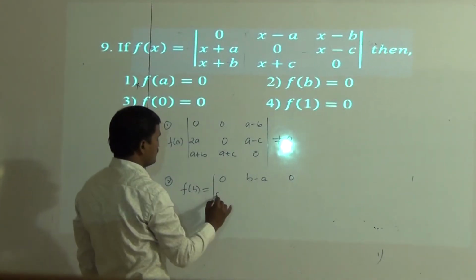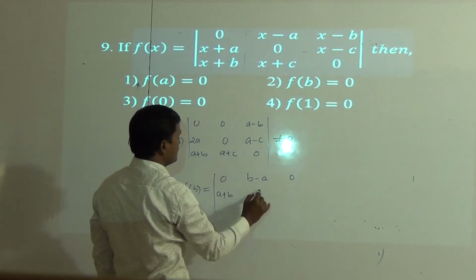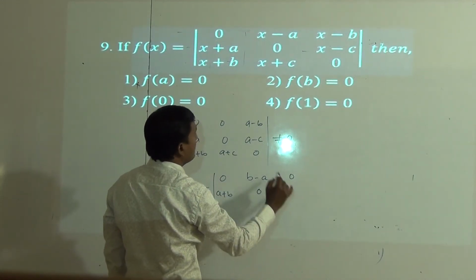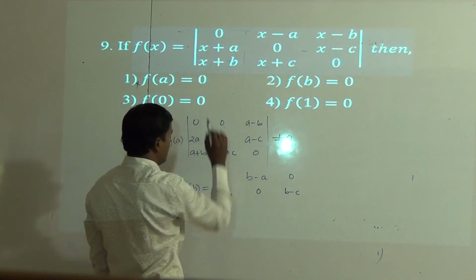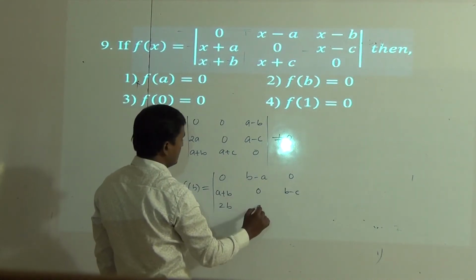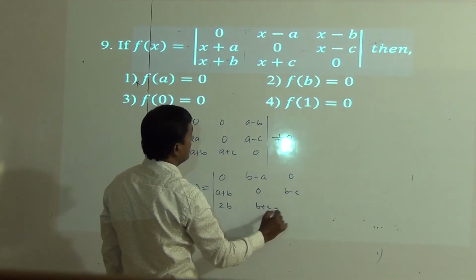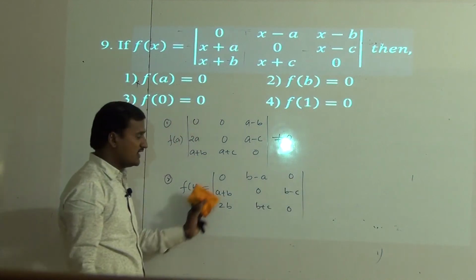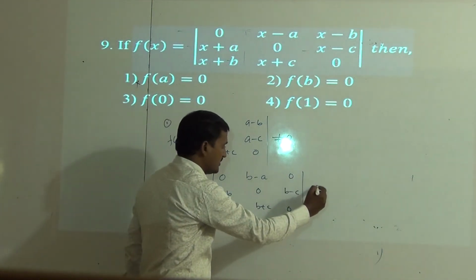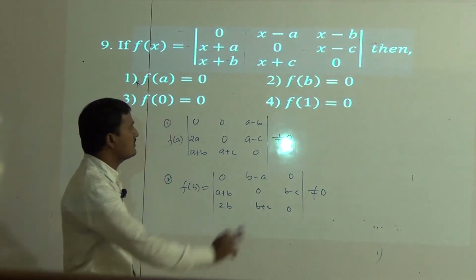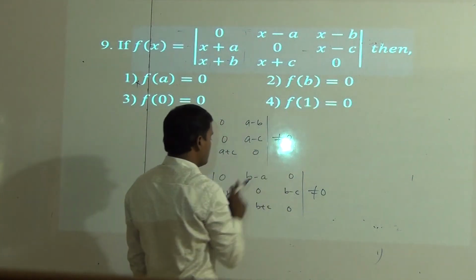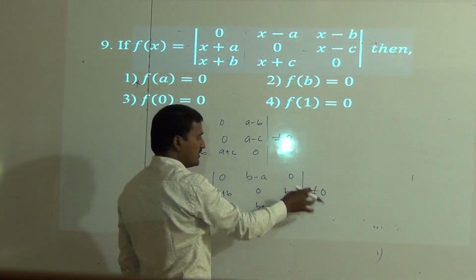Here it is a plus b, and here it is 0, and b minus c, and here it is 2b, and here it is b plus c, here it is 0, right? So after expanding, you are again not getting 0, but they have given f of b equal to 0, but after expanding this you are not getting 0.